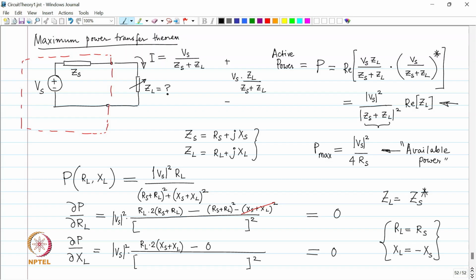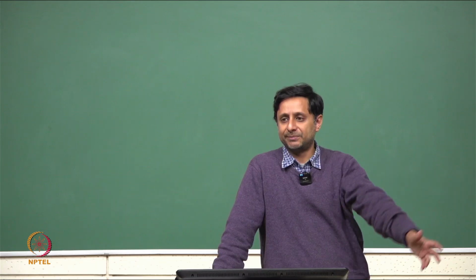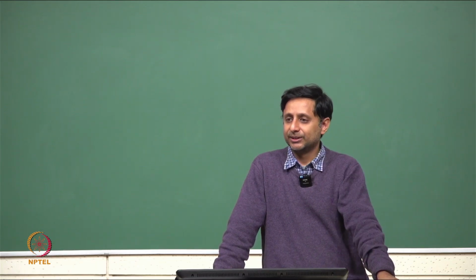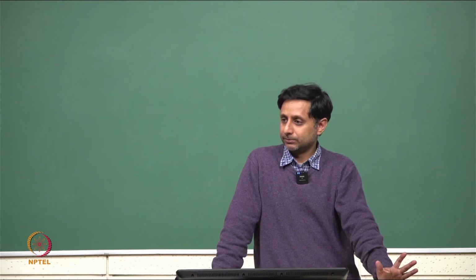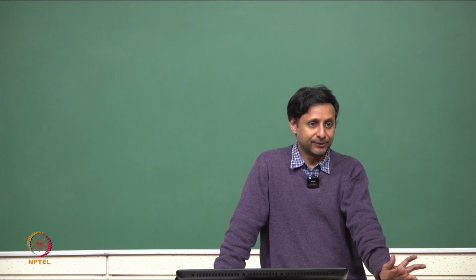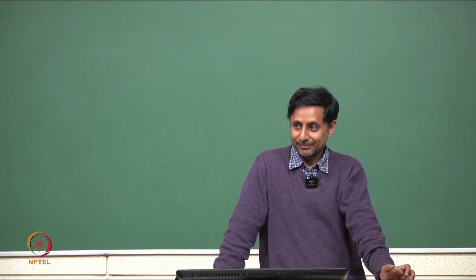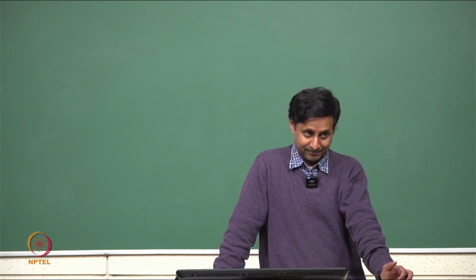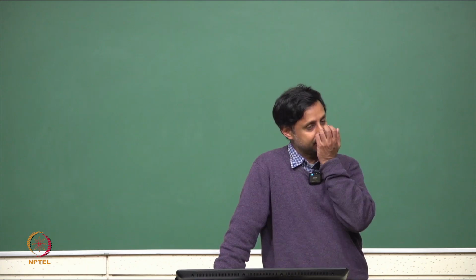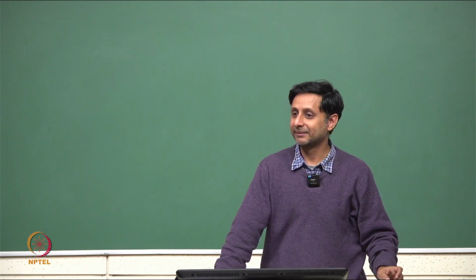Fine. So, for example, if I tell you that here is a source of power, I do not know, a thermal power plant, the available power is so much, the voltage is so much. Will you be able to find out the source impedance? Yes, no, maybe? Qualified, yes?